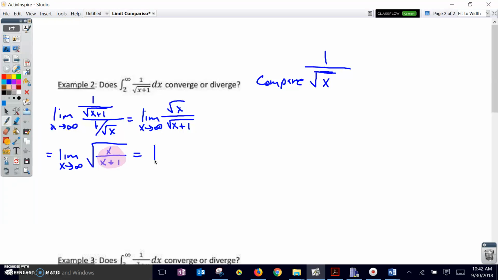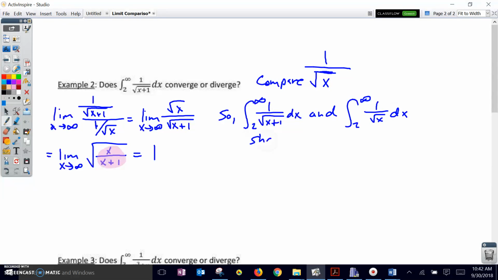So I've shown that these two share convergence or divergence behavior. So, the integral from 2 to infinity of 1 over square root of x plus 1, and the integral from 2 to infinity of 1 over the square root of x share convergence behavior.